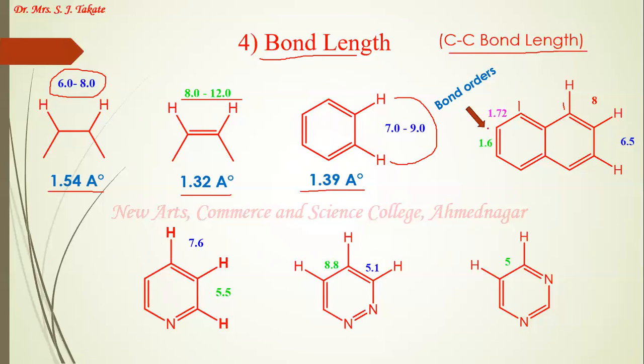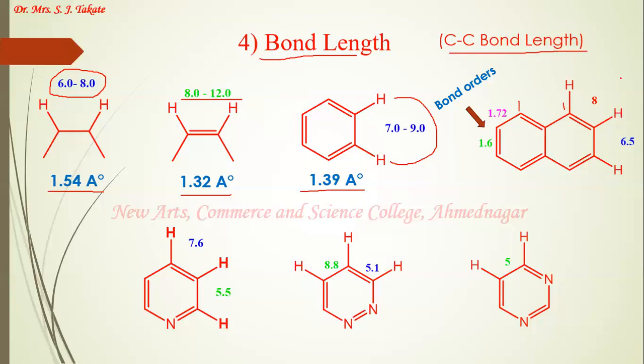This 1,2 bond has a bond order of 1.72, that is, more double bond character, while this 2,3 bond has a bond order of 1.6, that is, less double bond character. That is, the 1,2 bond is shorter while the 2,3 bond is longer.